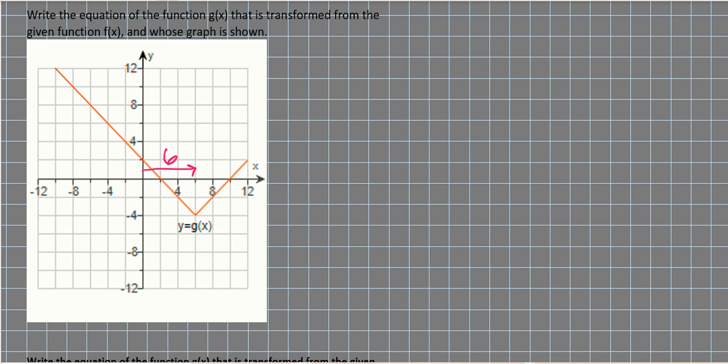Is that positive 6 or negative 6? It's negative 6. And then it went down 4, so that should be a negative 4. So my function should look like g of x equals what? What kind of basic graph is this? It's an absolute value. So g of x equals the absolute value of x minus 6, minus 4.